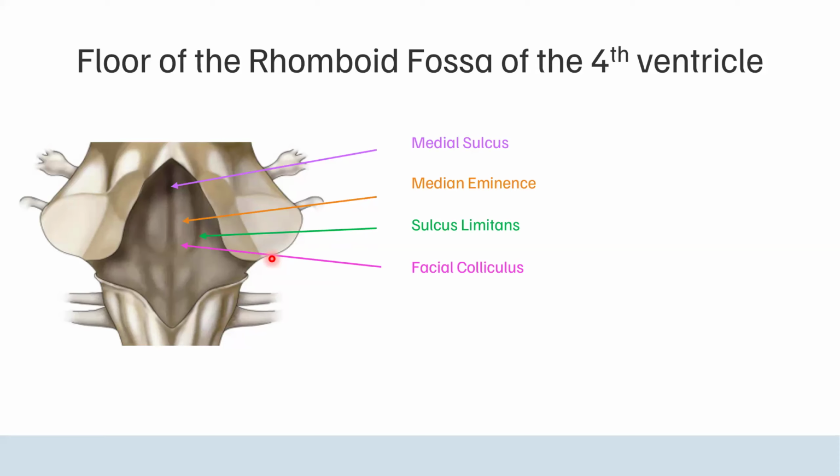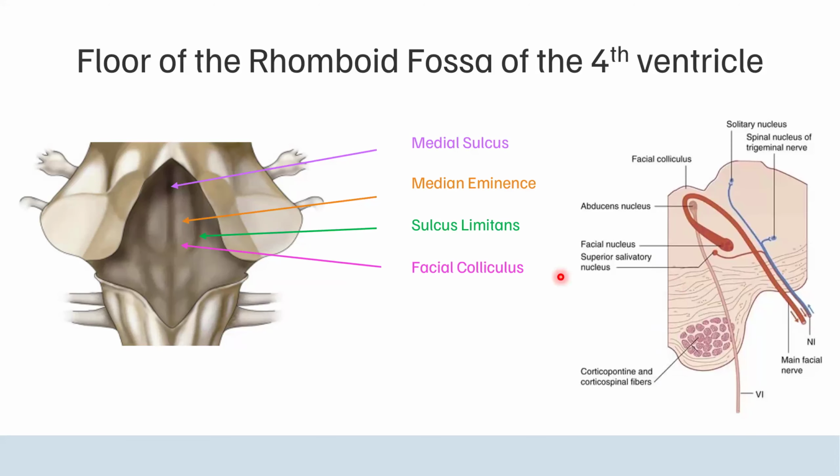Now, we spoke about the superior and the inferior colliculi, and they are basically those hills, right? So a colliculus is a hill. The facial colliculus is formed by the facial nerve. And what happens is, as we have this nucleus for the sixth cranial nerve, the abducens nucleus, the facial colliculus wants to basically tackle it down, okay?